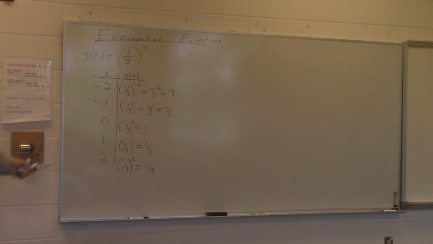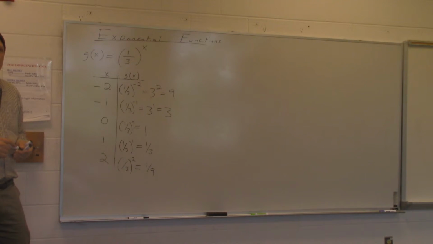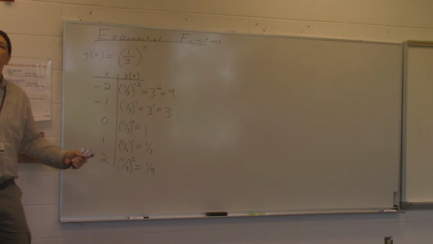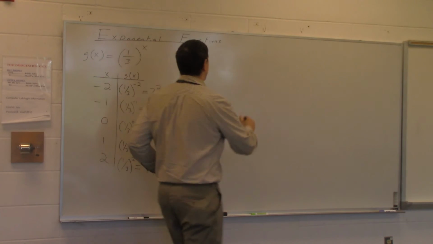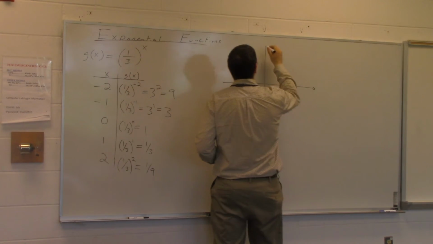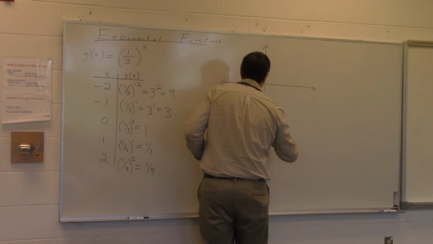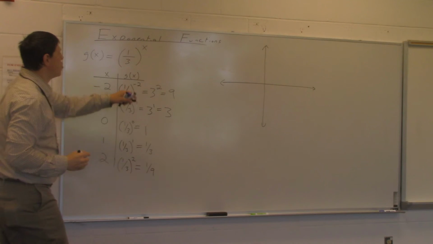So those are our values for our table that we can go ahead and construct for our exponential of 1/3 to the x. Let's plot, and then maybe look at some of the similarities and differences of the 2 to the x that we just looked at. And as you graph it, think about what the domain and the range might be for this. -2, 9.